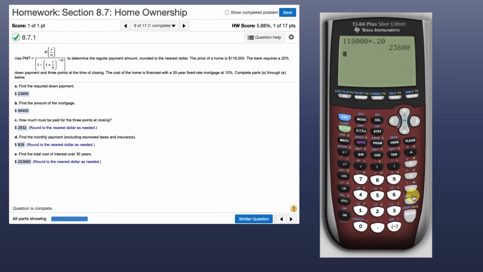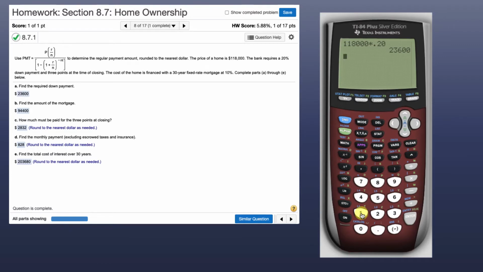And so now if I take 118,000 minus that down payment, 94,400, that's the amount I'm actually going to get a loan for. That's the amount I'm actually going to borrow. And in the case of a home, that's what we call the mortgage amount. So there's your mortgage amount.